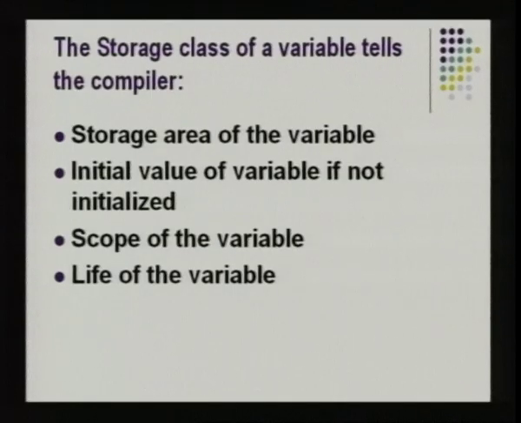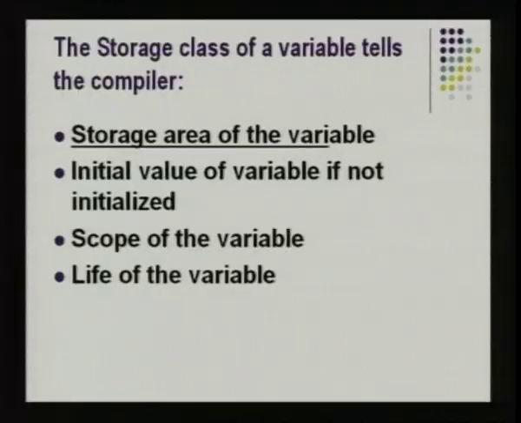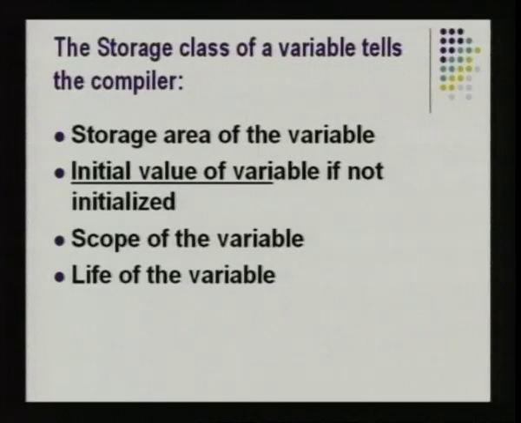So, what is the significance of the storage class? What does it tell the C compiler? It tells the C compiler about the storage area of the variable, that is, if a variable is stored at a particular memory location, the extent of its storage area. Suppose the variable's value is not given initially by the user, it will initialize the value of that variable also.